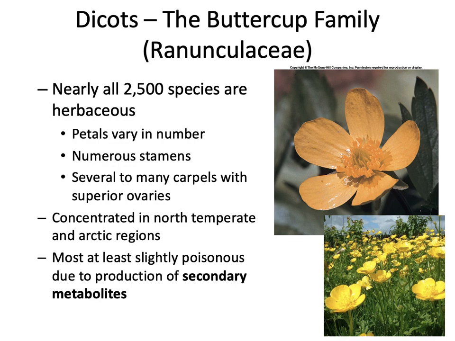The petals vary in number, there's numerous stamens, there's several to many carpels with superior ovaries, and the buttercup family is concentrated in north temperate and Arctic regions. Many members of this family are poisonous, and all of them are at least slightly poisonous due to the production of biochemicals called secondary metabolites.